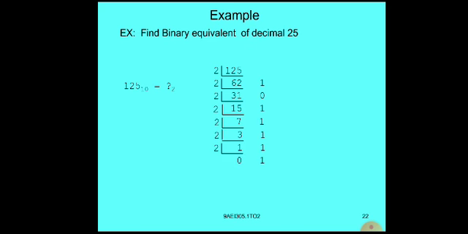Finally, you will end up with like this and record the conversion number. 125 equals 1111101. So this is the way of doing decimal to binary conversion. Always you have to divide the quotient with the number 2.